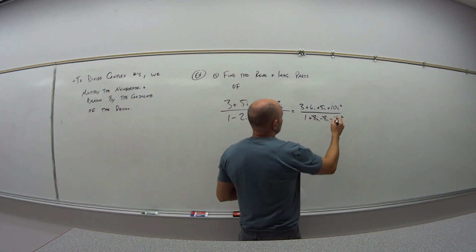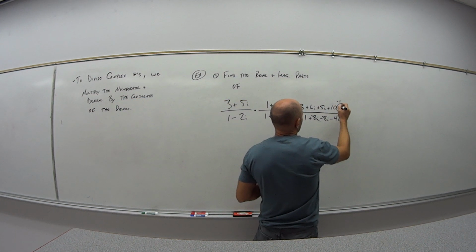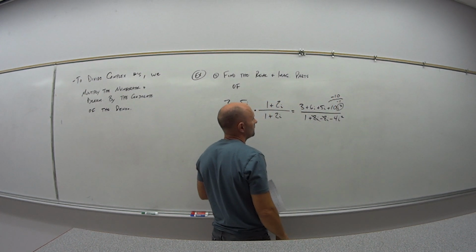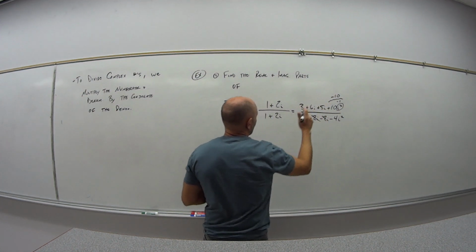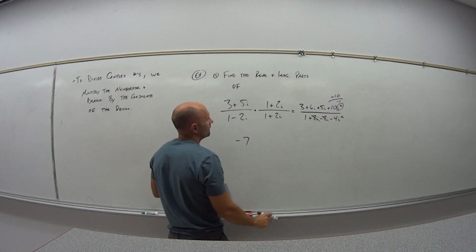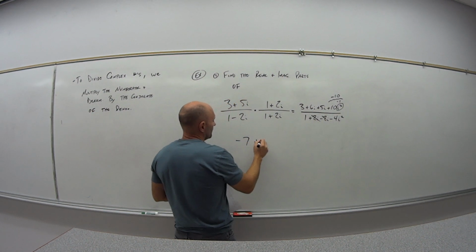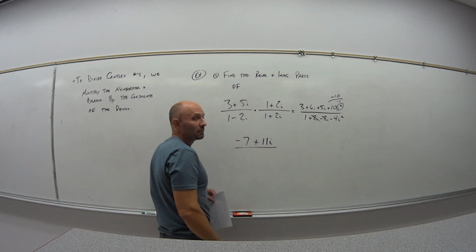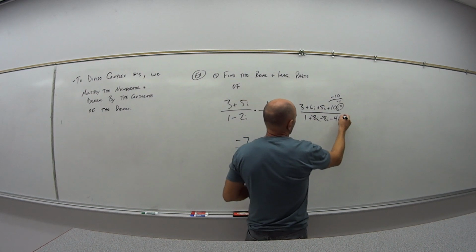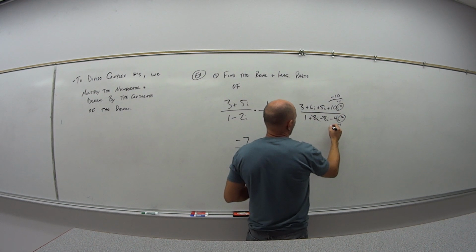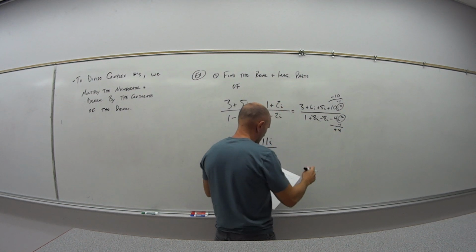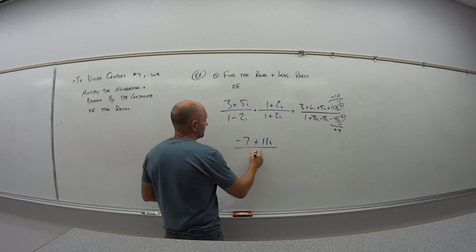So let's simplify a bit here. This i squared is negative 1. So 10 times negative 1 means this is minus 10. So on the top I have 3 minus 10, which is negative 7. And 6i plus 5i is 11i. So that's my new numerator. How about the denominator? Well, this i squared again is negative 1. So negative 4 times negative 1 is plus 4. 1 plus 4 is 5.